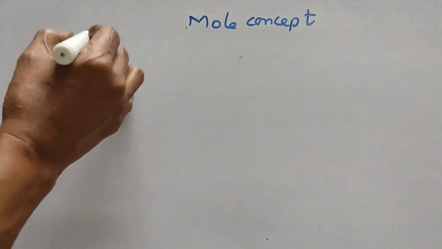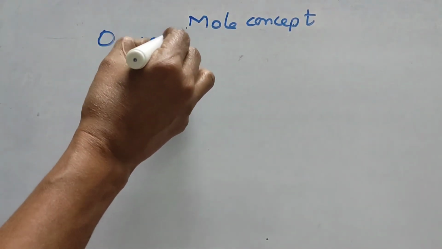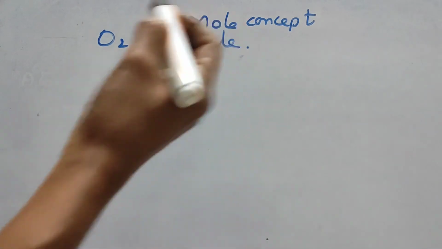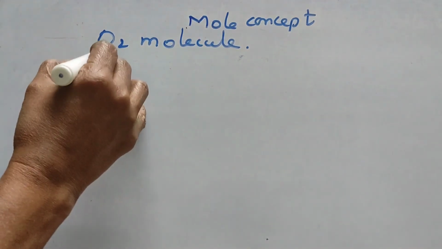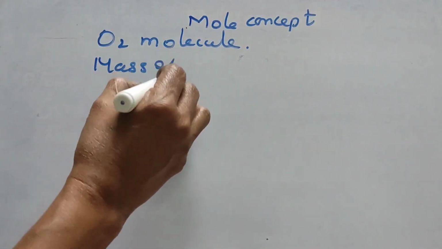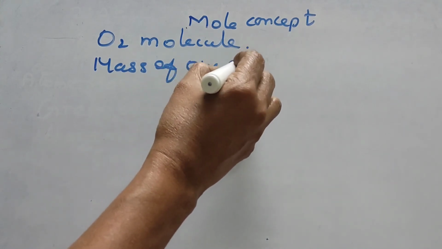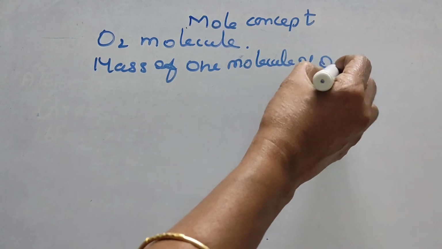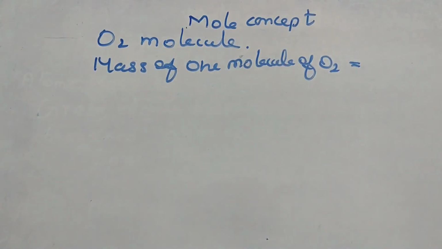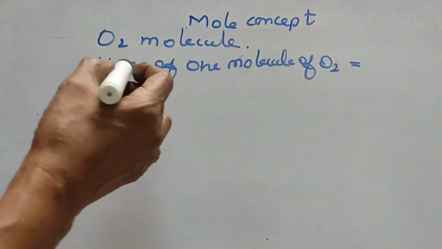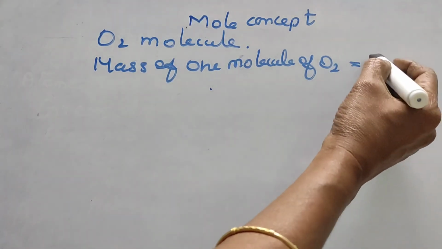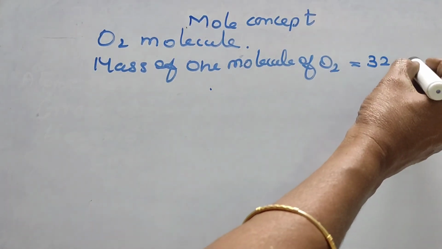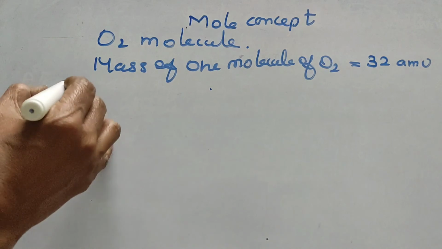Let us take the oxygen molecule. The mass of 1 molecule of oxygen: 1 molecule means O2, atom means O. So the mass of 1 molecule of oxygen is 32 AMU.